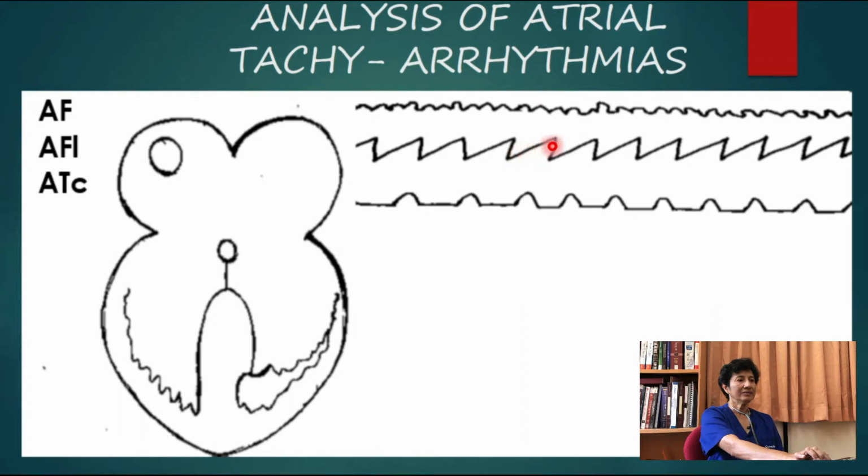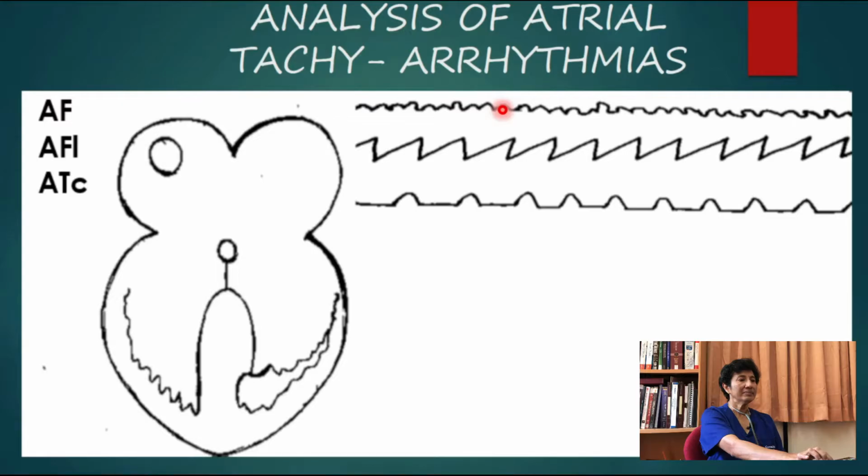It looks like an artistic drawing compared with atrial fibrillatory waves seen on the baseline. Atrial fibrillatory waves seen on baseline look like something written by a patient with fine tremors.